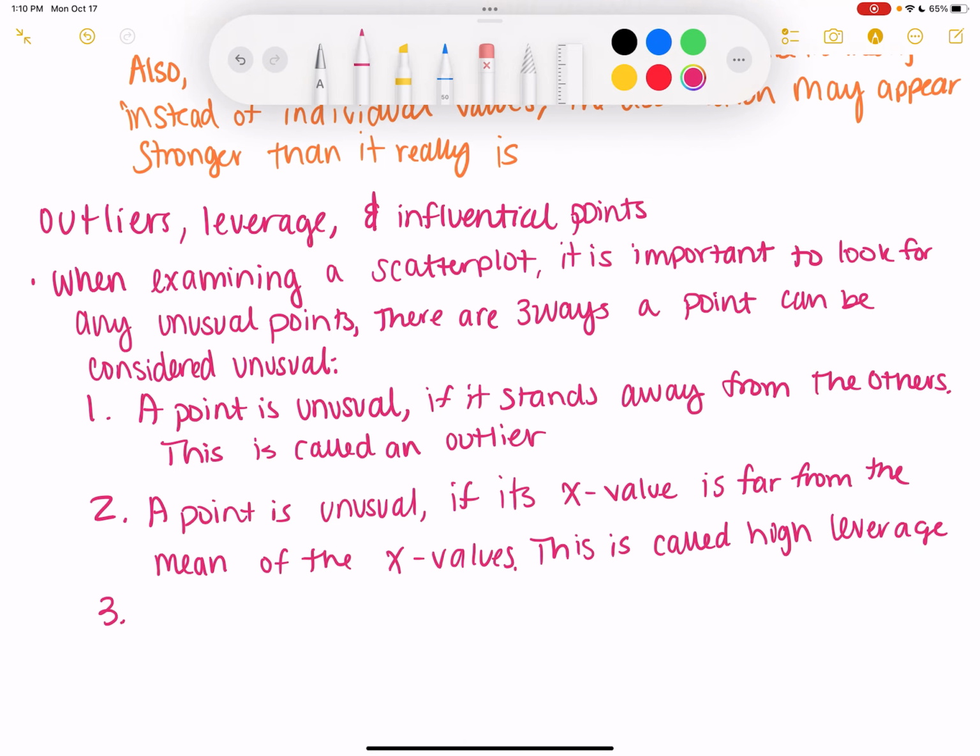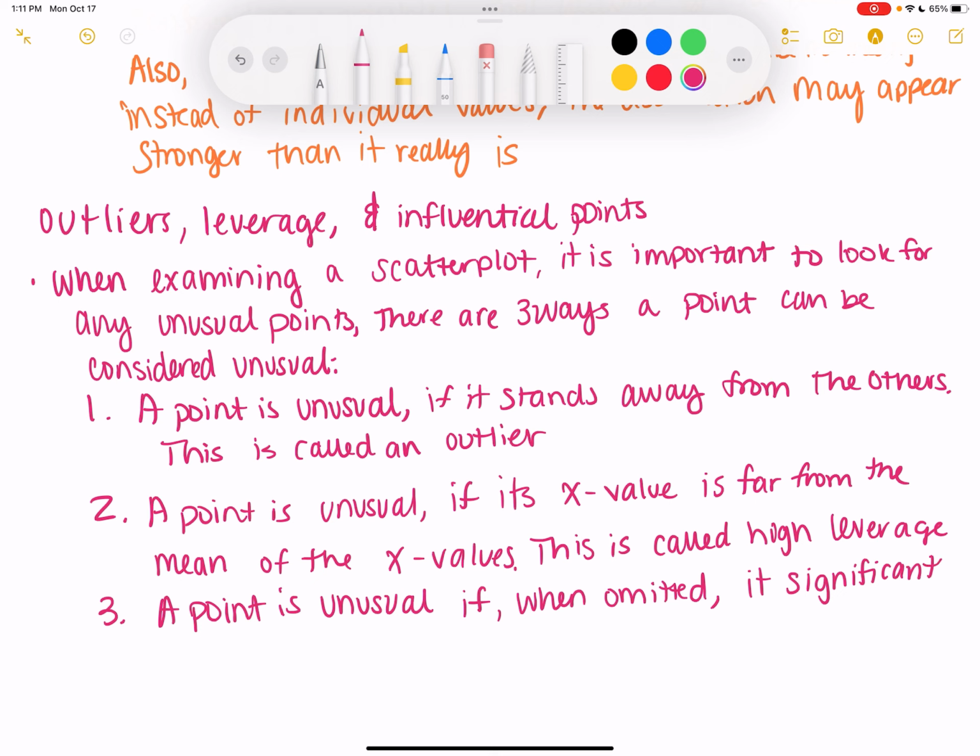And 3, a point is unusual if, when omitted, so if we take it out, it significantly changes the linear model. This is called an influential point.